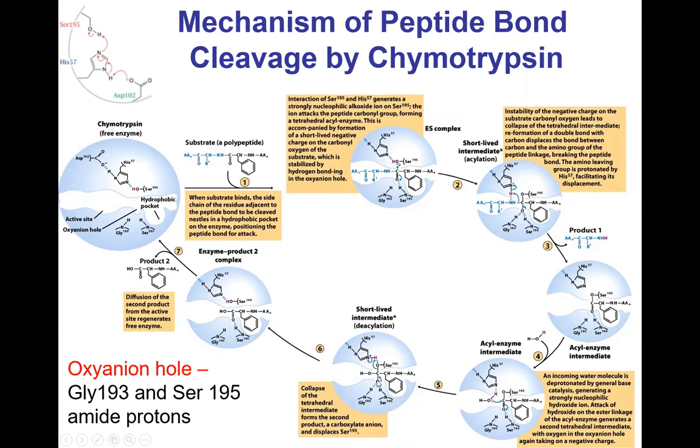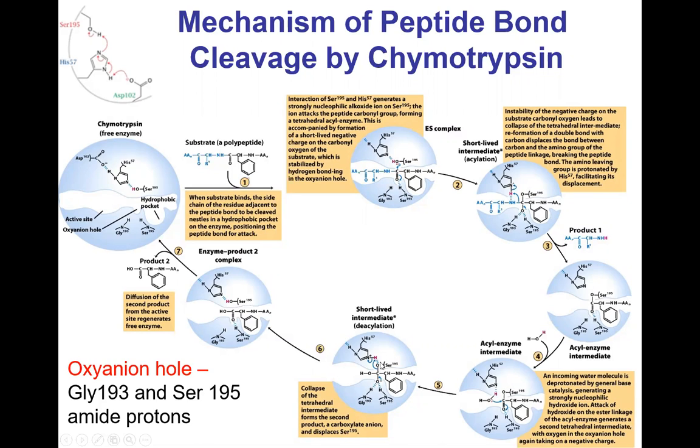Again, you have the same kind of tetrahedral intermediate that is being stabilized by the oxyanion hole. And then a conformational change happens again and O minus collapses to form the double bond, because carbon can have only 4 bonds. In this case, the leaving group is the serine hydroxyl of 195 of the chymotrypsin.